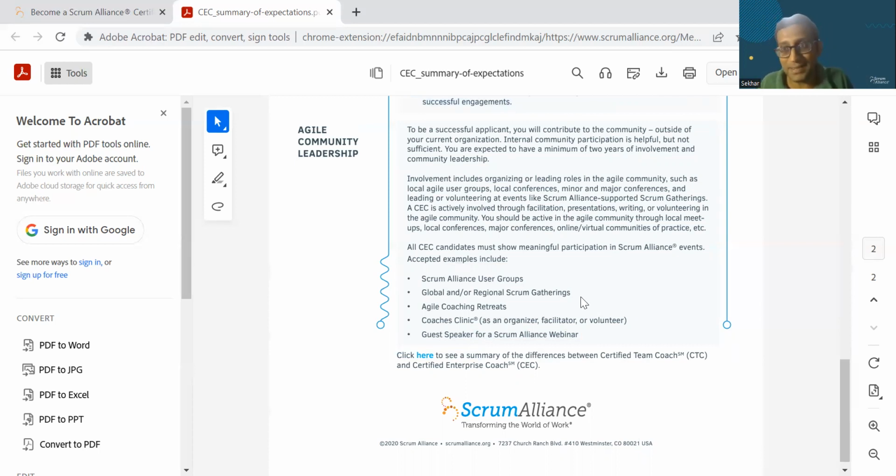So all this, or anything equivalent, you are expected to do outside your organization, not within your organization. And if needed, you should keep the evidence of your community leadership very safe, and provide it when requested. So this is what I see as the summary of these expectations.